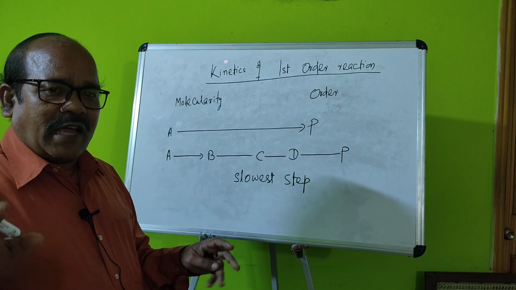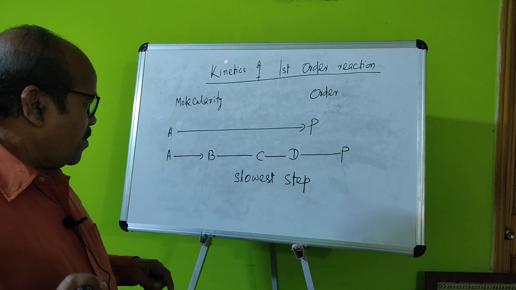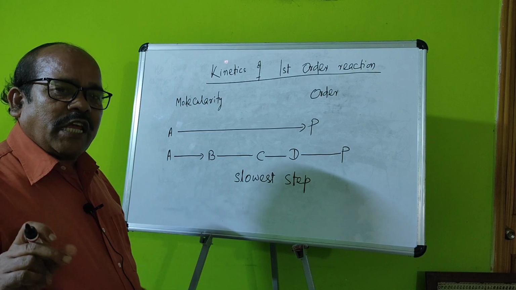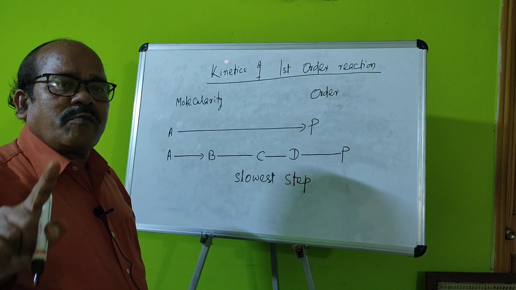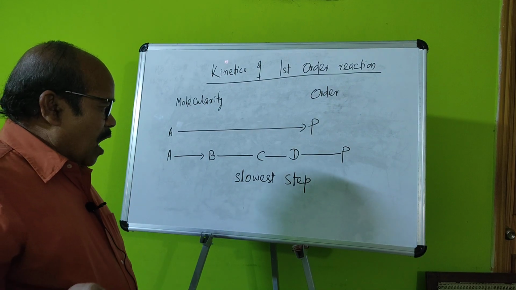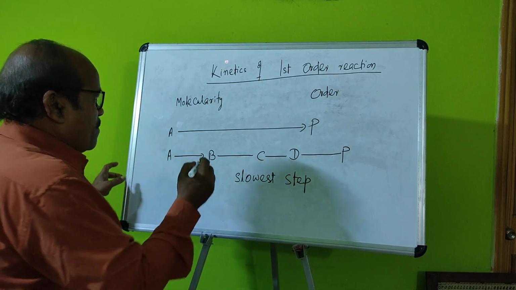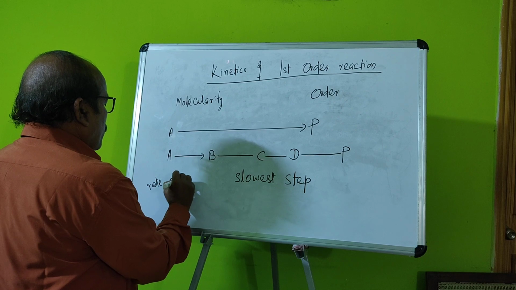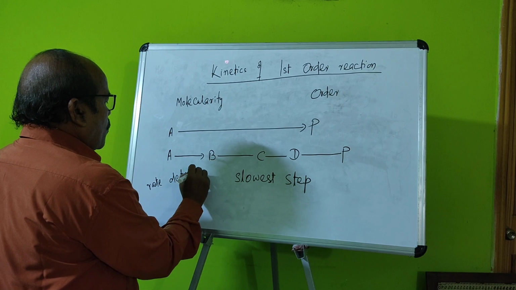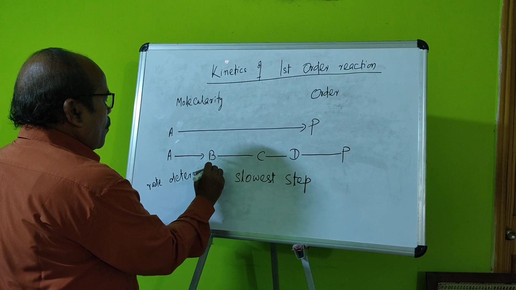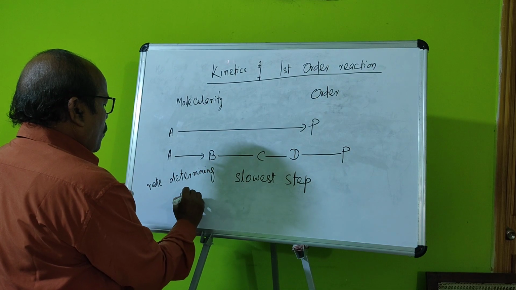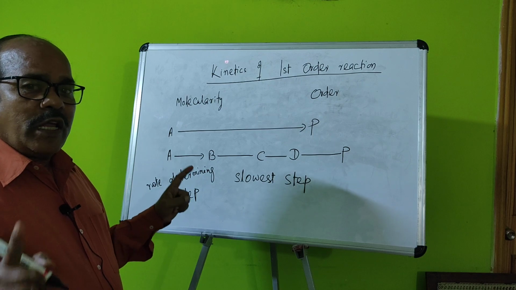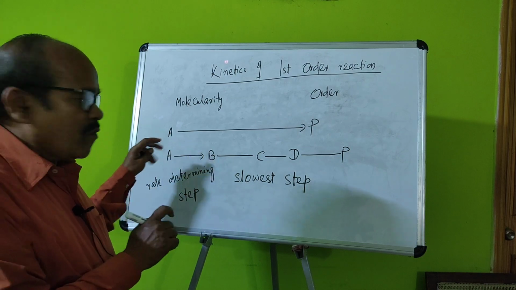I am repeating the line once again. Out of all these steps, the slowest step is called the rate determining step. In the rate determining step, the total number of molecules taking part will give its molecularity.